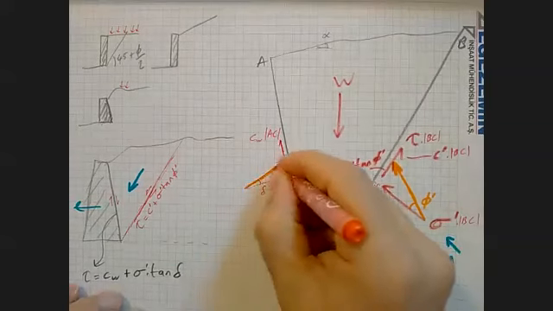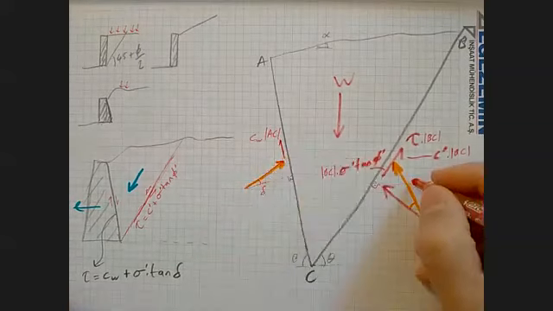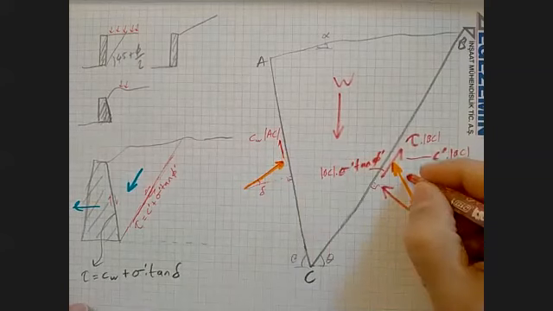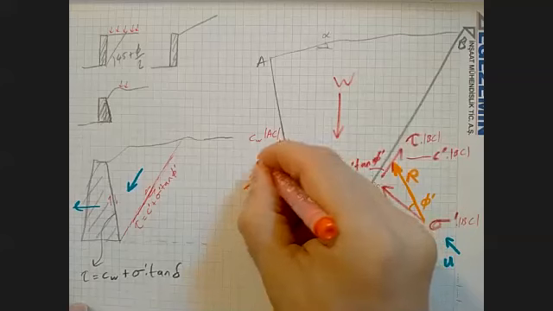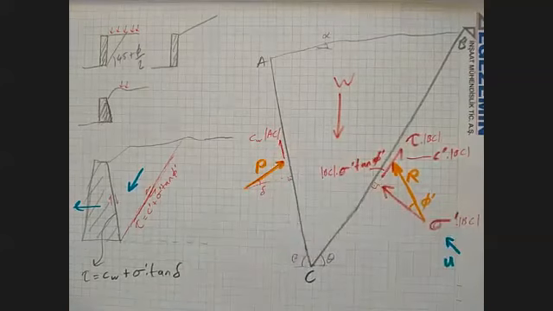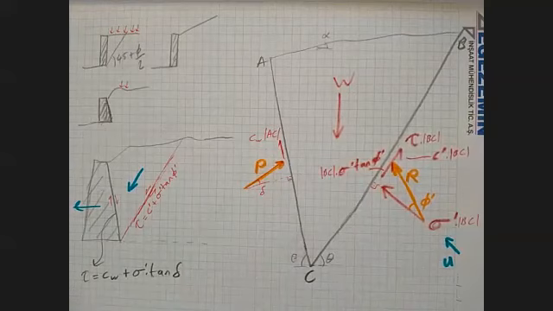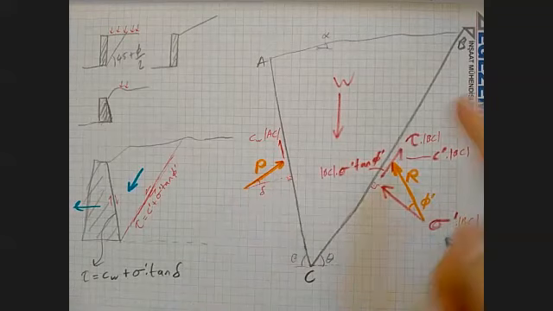So here's another force. We call this P and R. P for active force or active thrust on the wall, and R for the reaction under the soil.